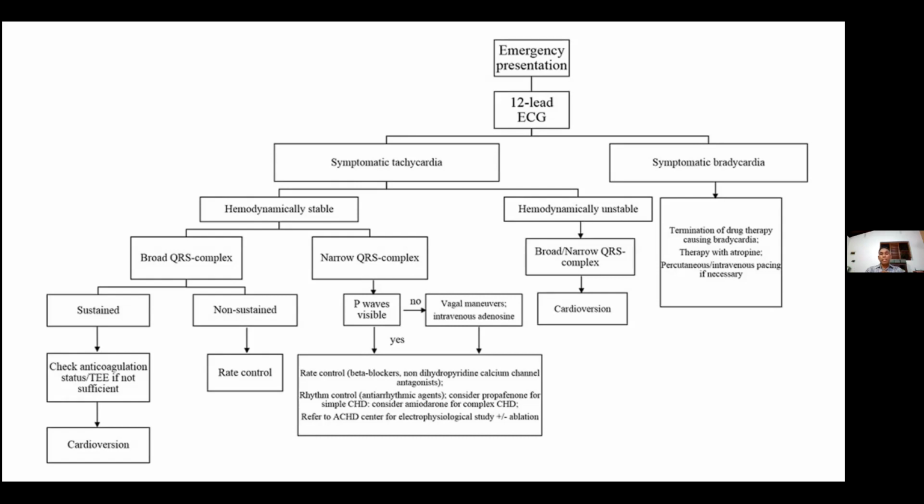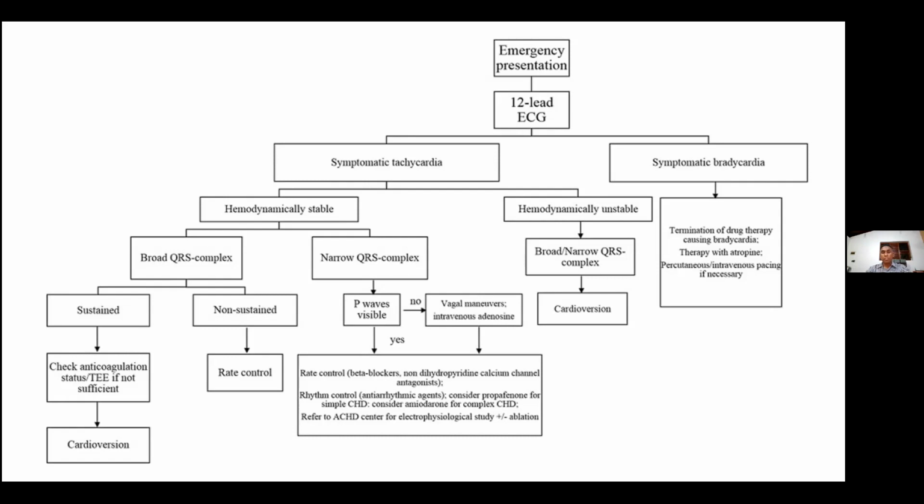Then later, the second step, once you manage them and make them stable, you consider IV infusions of amiodarone, those kinds of medications, or oral amiodarone, which you can start, and then you can refer them for electrophysiological study and to consider ablation.